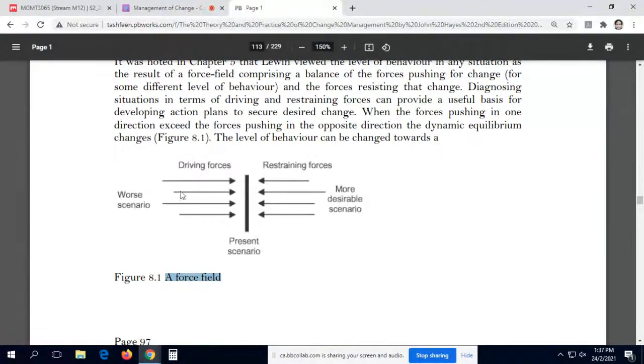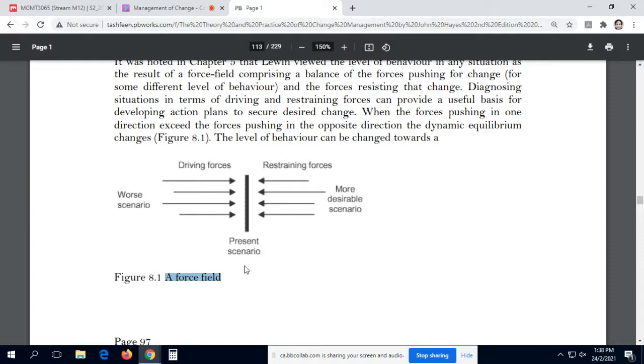So this way you can gather information also, because that is the chapter, gathering and interpreting information for diagnosis. So this way you can gather that information, like what is the present scenario.